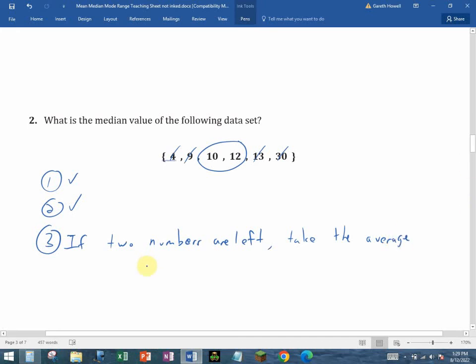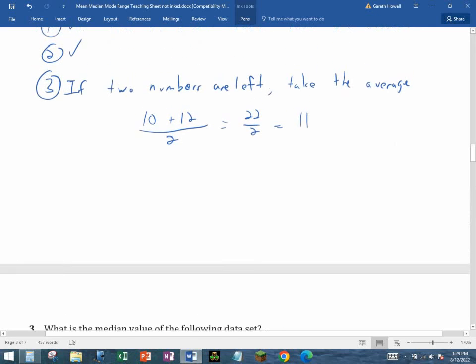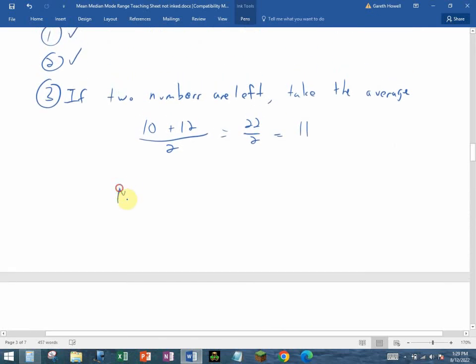So I take 10 plus 12, and I divide by 2. That gets me 22 divided by 2, which is in fact 11. So in this case, the median is equal to 11.